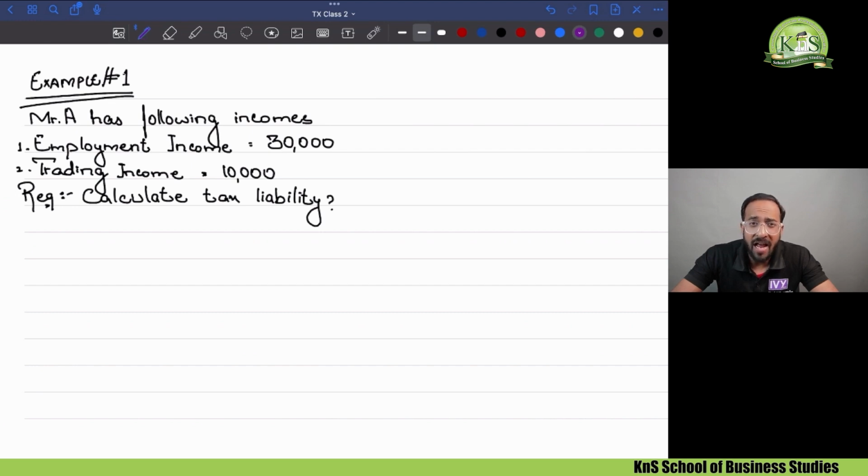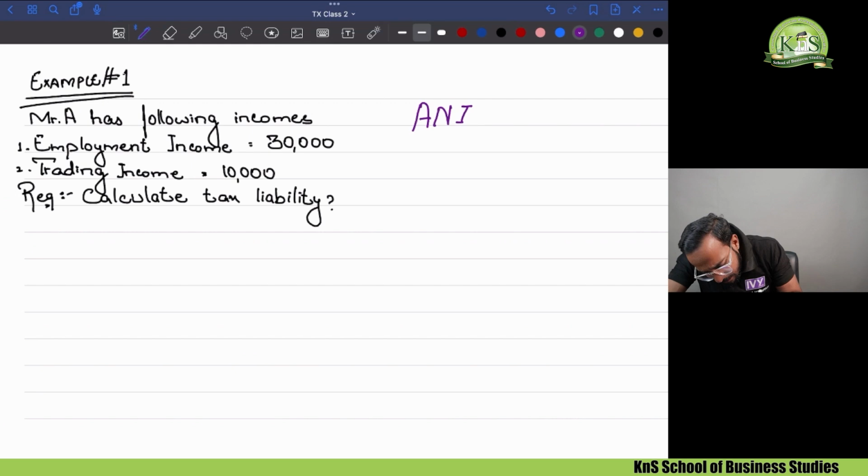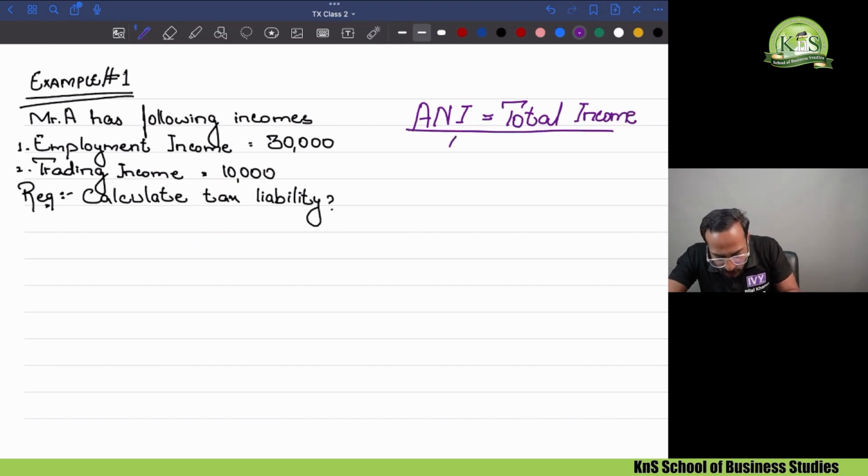When you do not have any such information regarding personal pension contribution or gift aid donation, you don't need to calculate ANI. In that case, your ANI is equal to your total income.